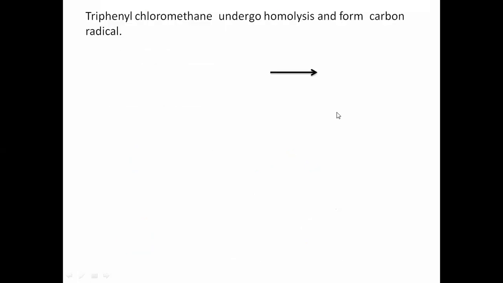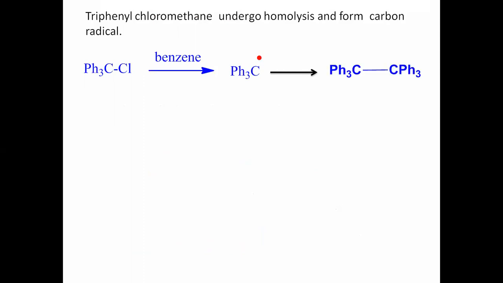Next point is some examples undergoing free radical reaction. See here, this is chlorotriphenyl methane. This carbon has three phenyl groups here, here, here. So when you heat it in benzene, the C-Cl bond becomes weak and breakage takes place.